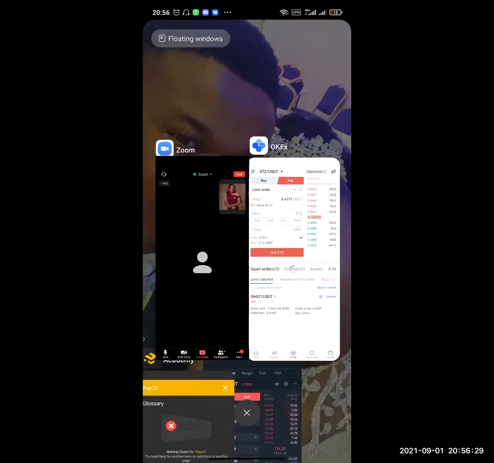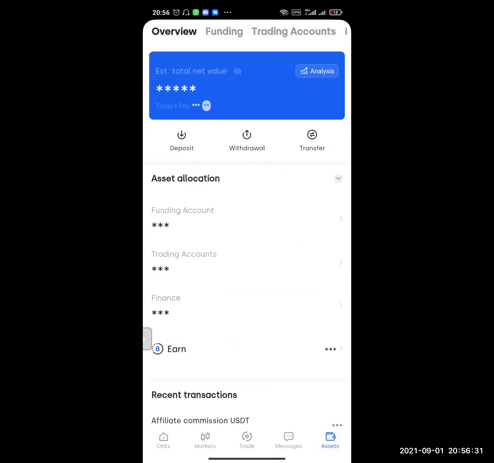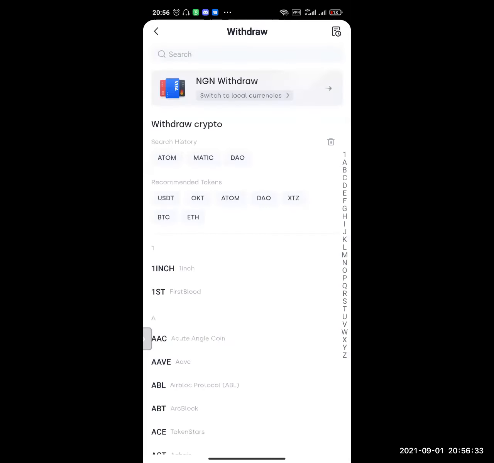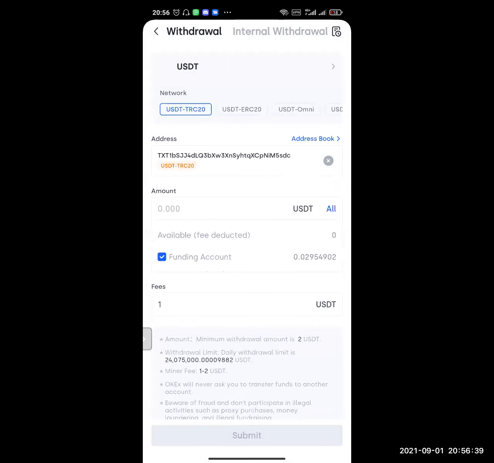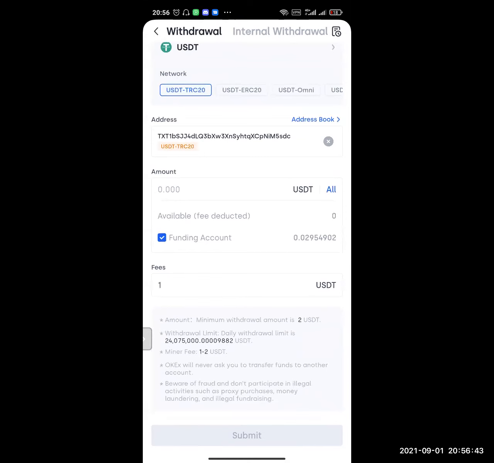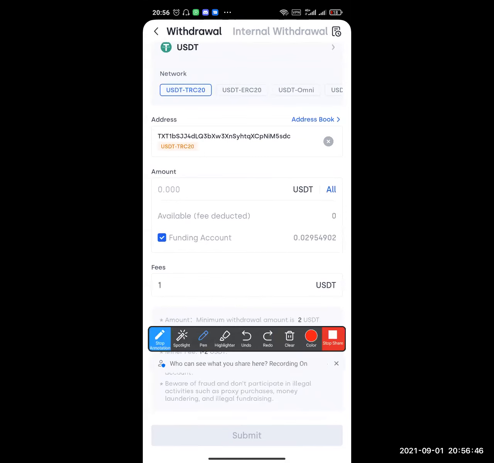Now, let's say, for example, you want to withdraw. So you choose a token. Let me use USDT, for example. Now, notice here, there are different options. That's different networks.